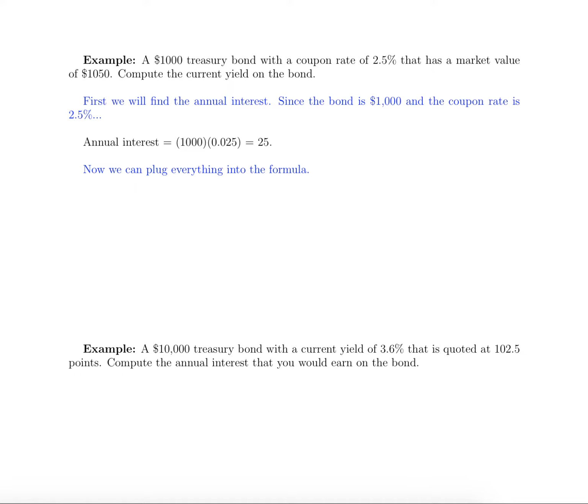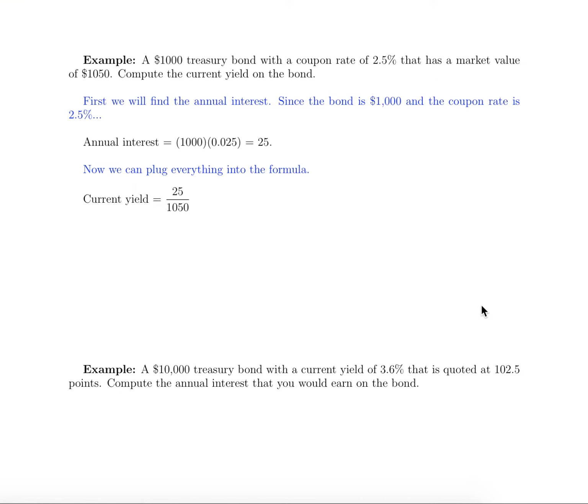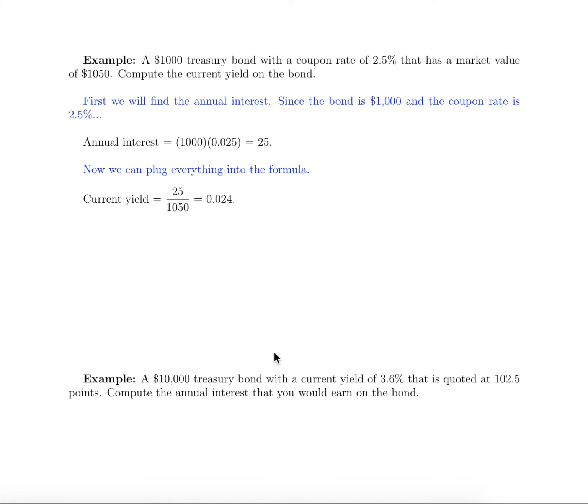Alright. So that means current yield is going to be equal to 25, which is annual interest, divided by 1,050, which is the current price, market value. And that is going to be 0.024.